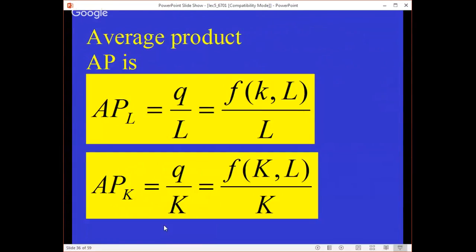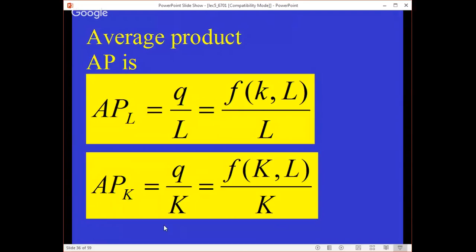So if I have something on the margin, I can have something that's average, right? We didn't talk much about average utility because it really didn't help us much. But when we're talking about production, things we can measure, it's harder to measure marginal product than it is average product. So we work a lot with average.